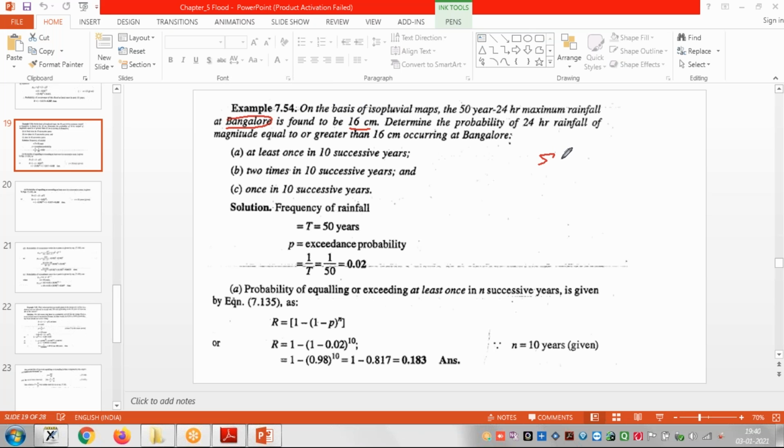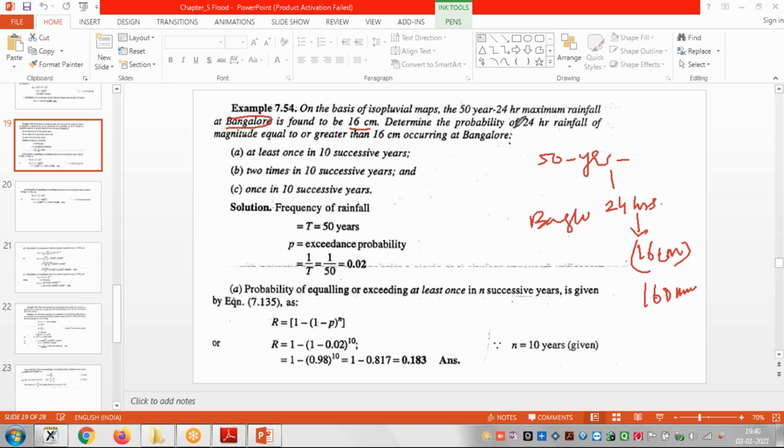Means in 50 years, one 24-hour rainfall was recorded in Bangalore city, right? And that rainfall was 16 centimeter, which is 160 mm, in the last 50 years.